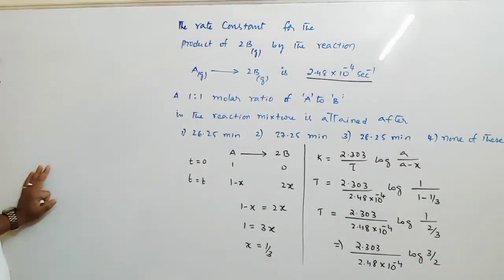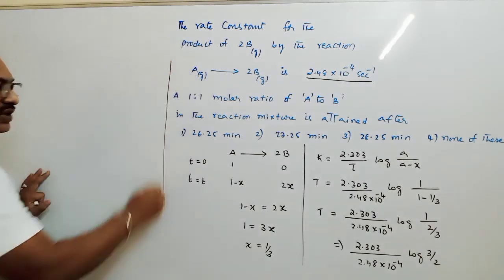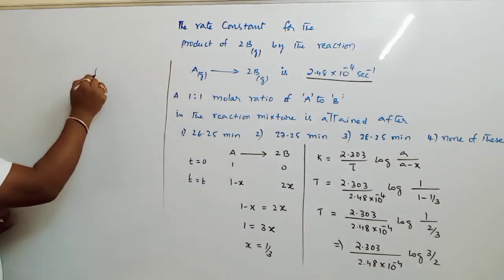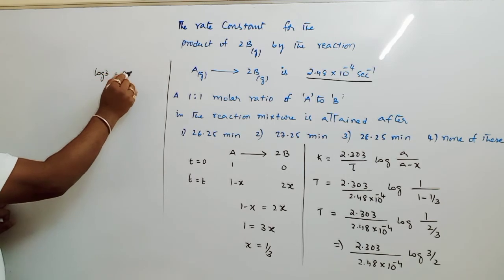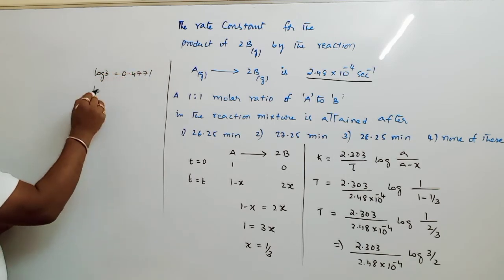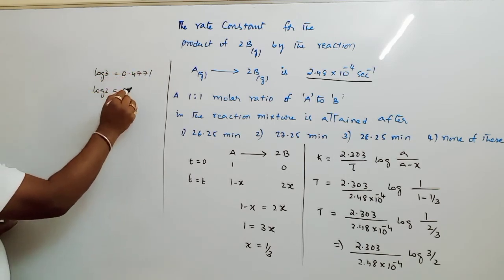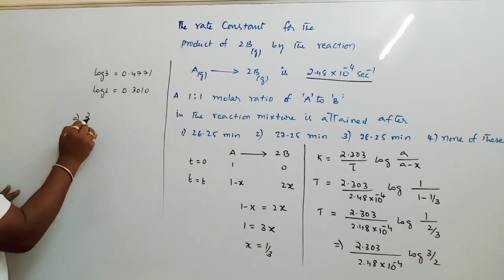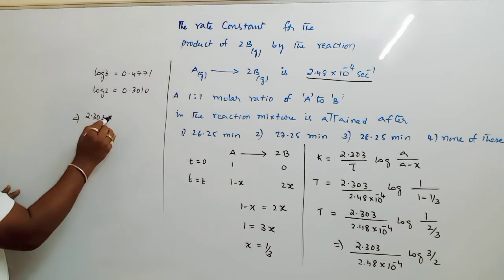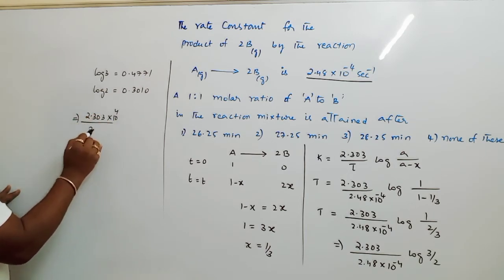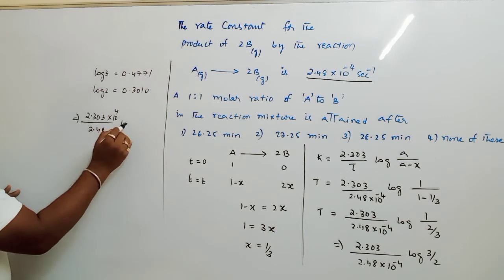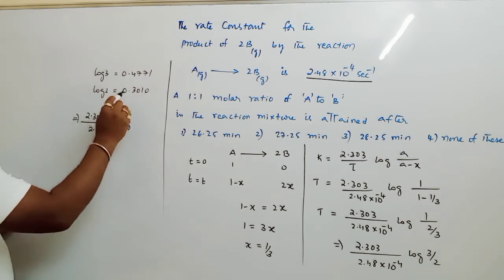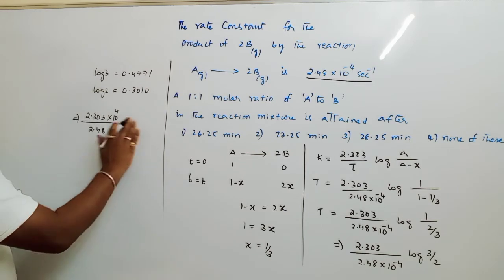Okay, log 3/2 is coming, so here, log 3 value is 0.4771, log 2 value is 0.3010. So time period is equal to 2.303 into 10 power 4 (taking it up, 10 power plus 4) by 2.48 into log 3 minus log 2, how much?